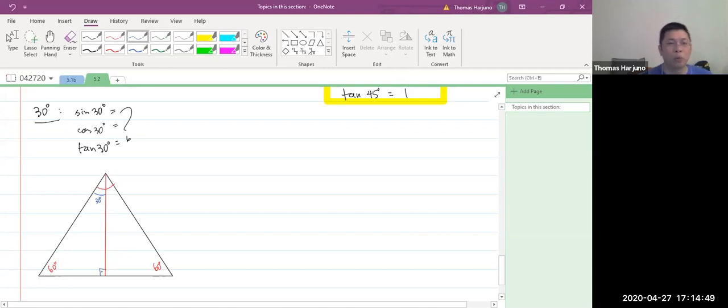Now, suppose the length of this part, only this part, I call this 1. Then what's the length here?